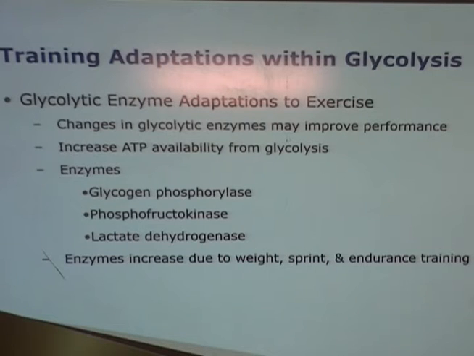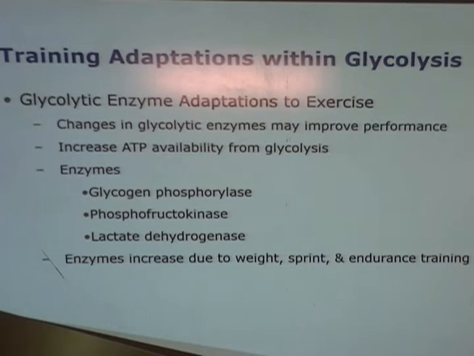So as we saw with system 1, if we can increase enzyme activity or enzyme level, then we ought to get a little bit more ATP. And or if we can increase substrate availability, we ought to be able to get a little bit more ATP within our 2.5 minutes.